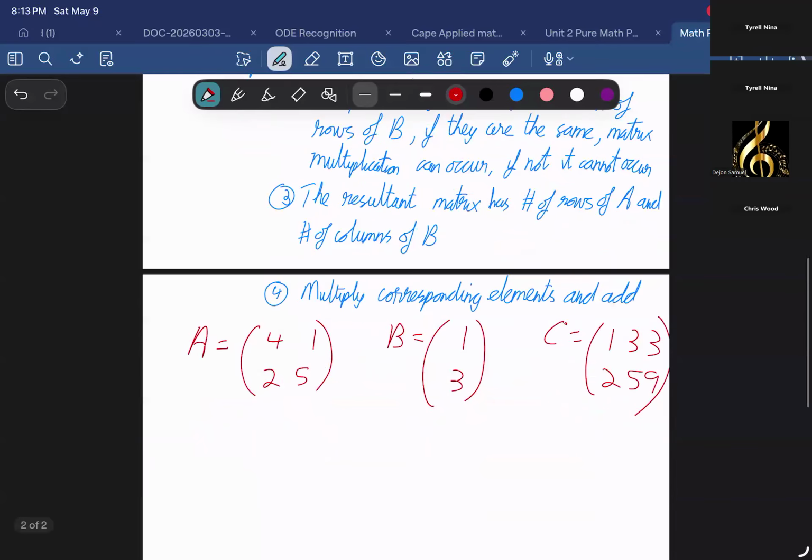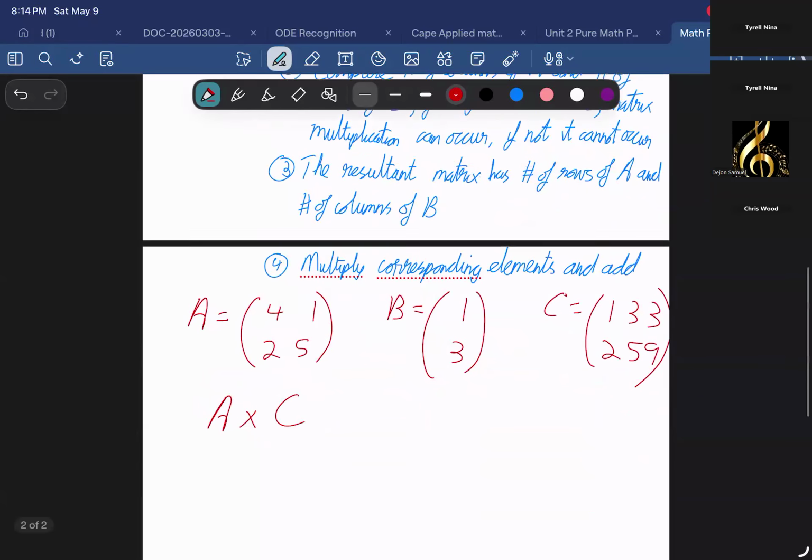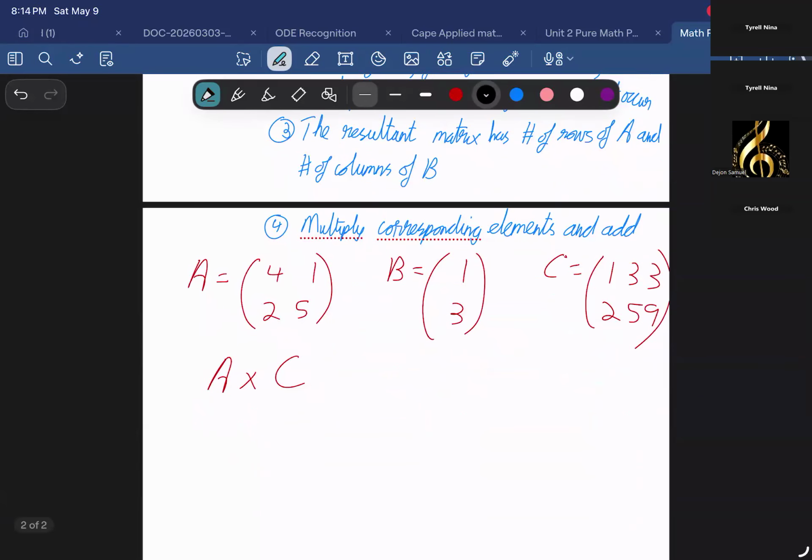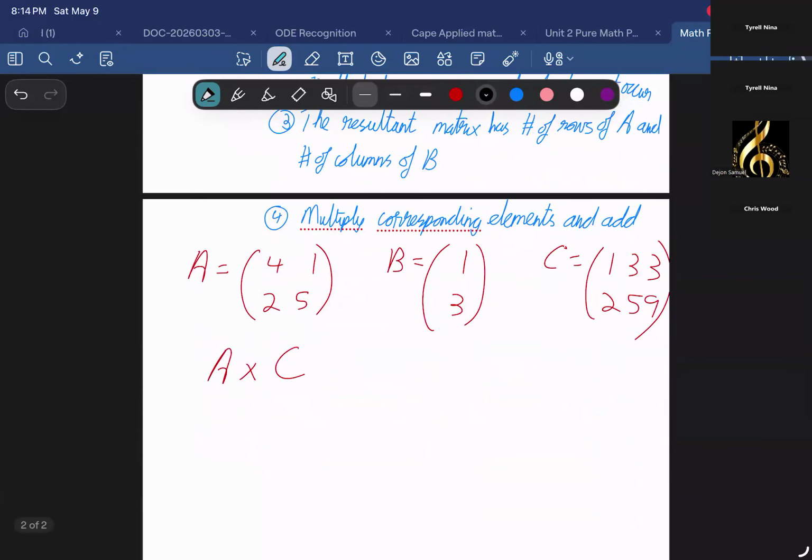So let's say I want to find A times C. What's the order of A? A is a 2 by 2 matrix, as it has 2 rows and 2 columns.